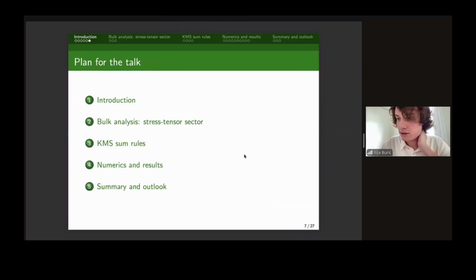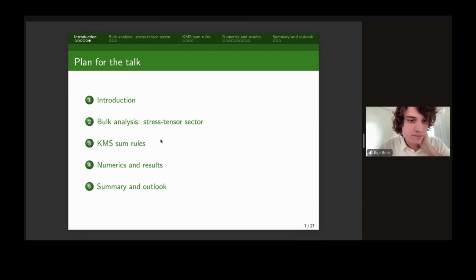Okay, so that's the goal, and the plan for the talk is as follows. So I'll first review these multi-stress tensors and how they are computed by solving some partial differential equations in the bulk.